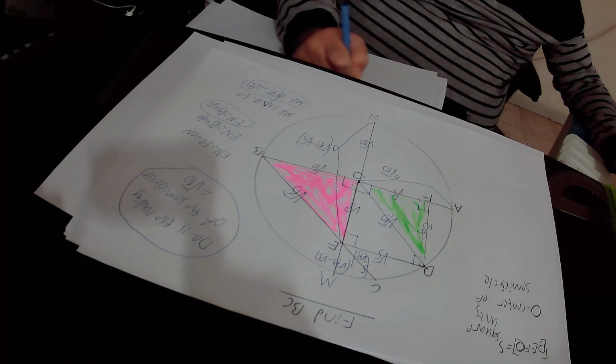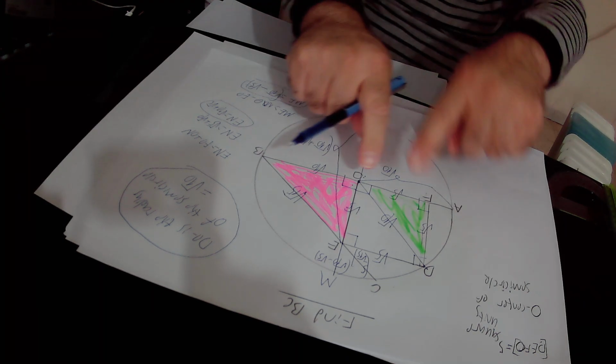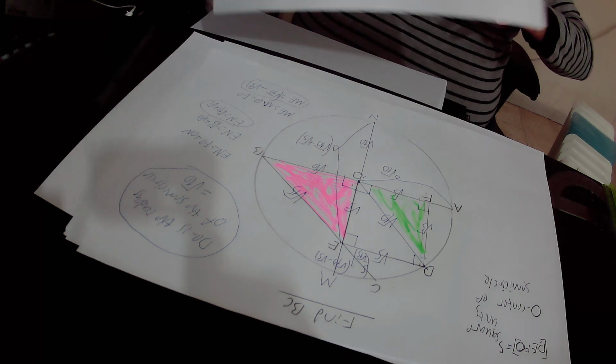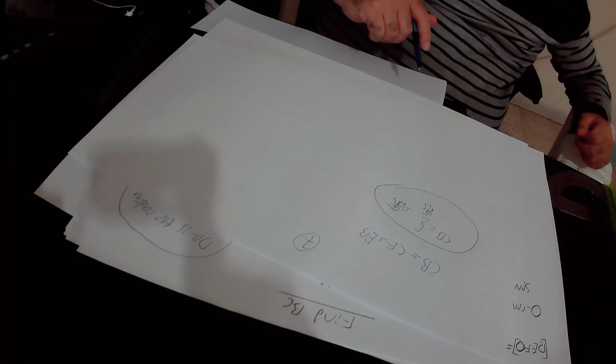So in conclusion, the chord that we are looking for, this chord CB, equals 5 over square root of 15 plus square root of 15.